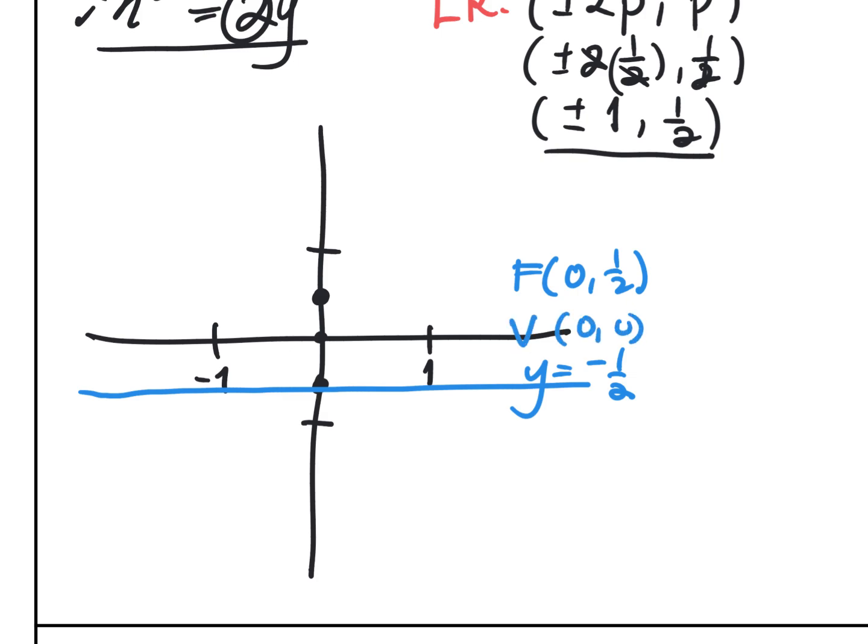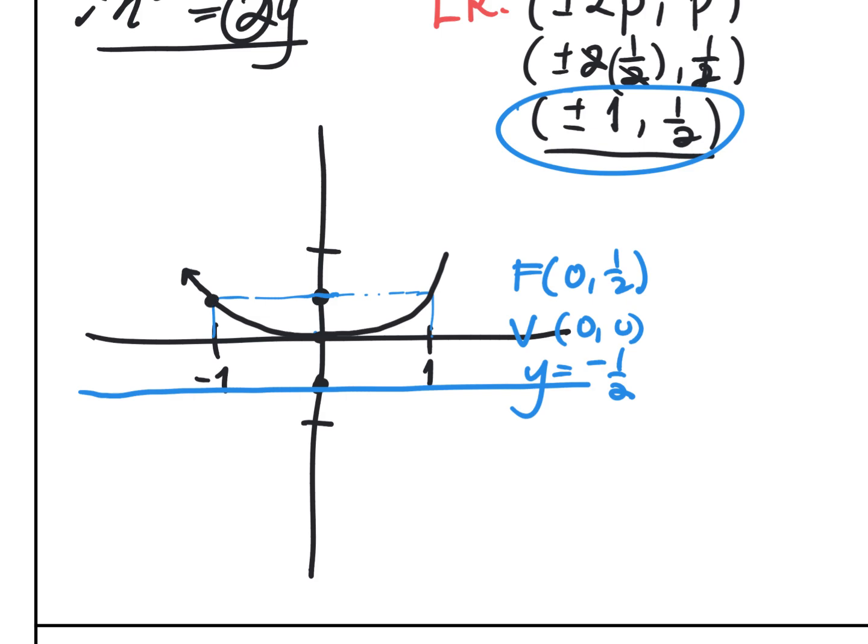Now the coordinates of my latus rectum will be this one, 1 and 1/2. So they're going to be passing through this one, and then here. This is going to be -1 and +1. So if I am going to now graph my parabola, it's actually this much, and from here it's going to be going this way.